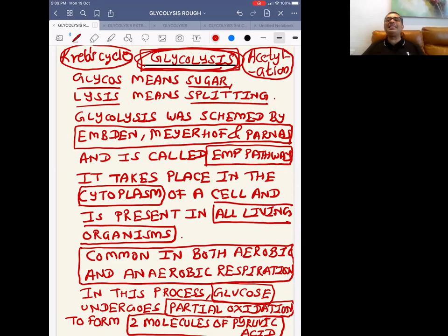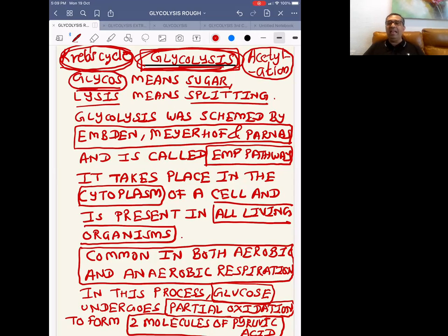And the main step is the final step where maximum energy is released. That step is called Krebs cycle, and Krebs cycle takes place inside the mitochondria. So chaliye, today we talk of the first step called glycolysis.